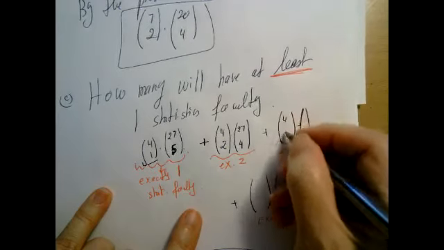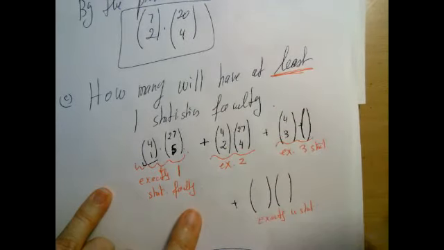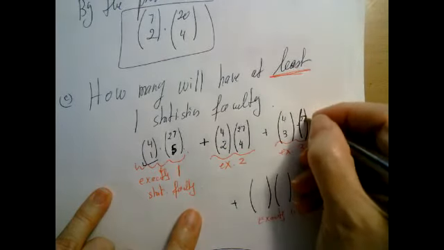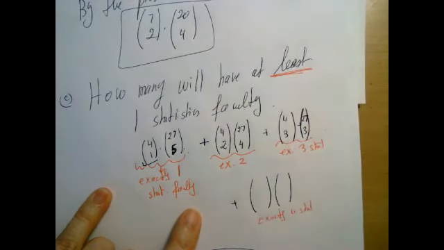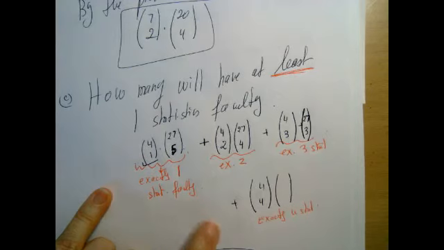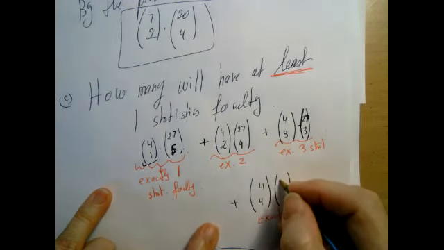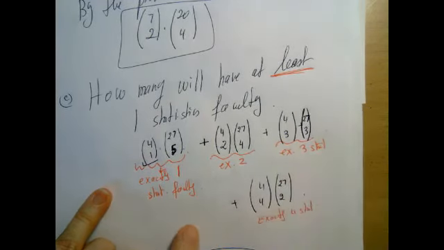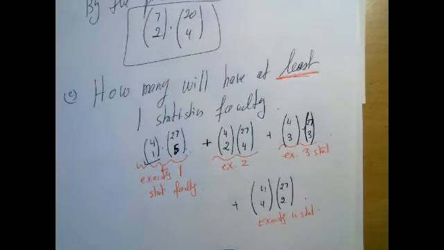And then here I pick 3, but then the rest would be picked 3 out of the remaining. Now here I pick all of them, so I have 1 choice, but then I have to pick 2 of the others. So that's at least 1 stat faculty. So we have to break it into exactly 1, exactly 2, exactly 3, exactly 4.